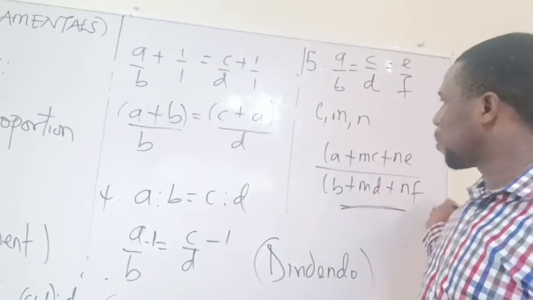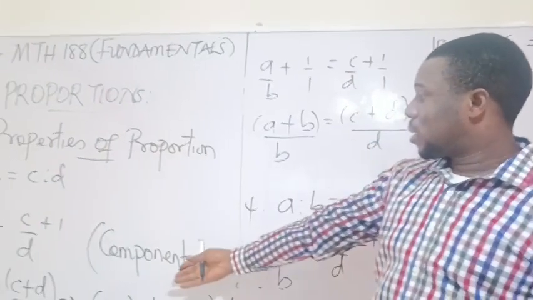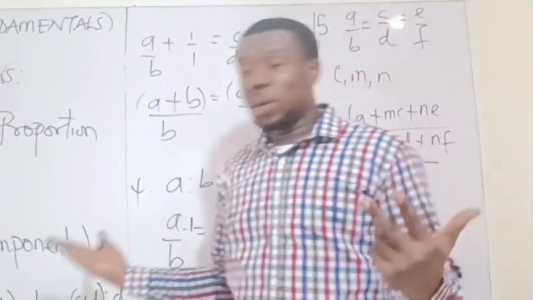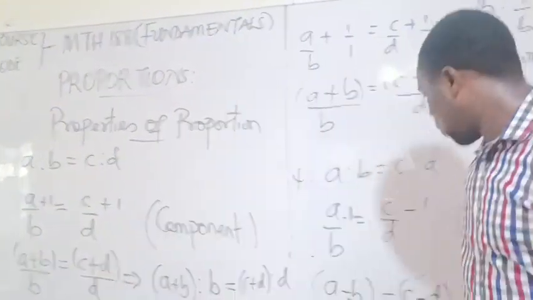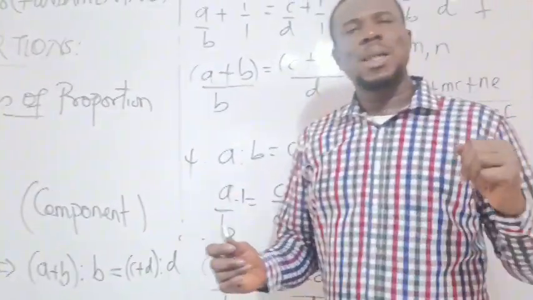And of course, that's it. Then you could take the components and divide by the dividend, and you could get this term over this term, because the B and the D cancel out. All right, thank you for tuning in.